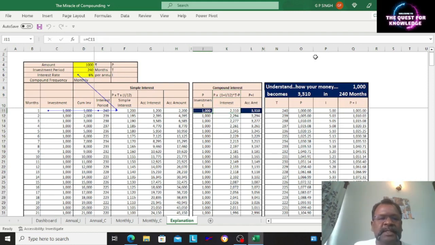Okay, so this is how your 1,000 rupees becomes 3,310 rupees. And the money which you invested in the second month becomes 3,294 rupees. And you can see for each period of investment, the money invested every month, how it grows.